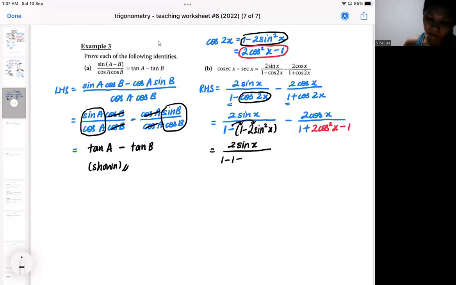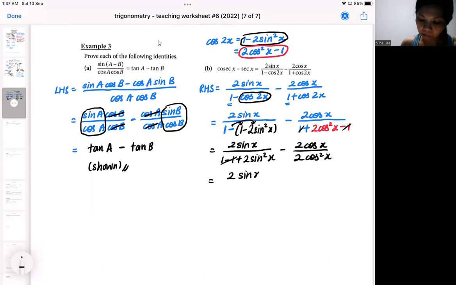You got 1 minus 1. In this case, we directly cancel away already. So you can see there's a lot of cancellation because the numerical is being removed.